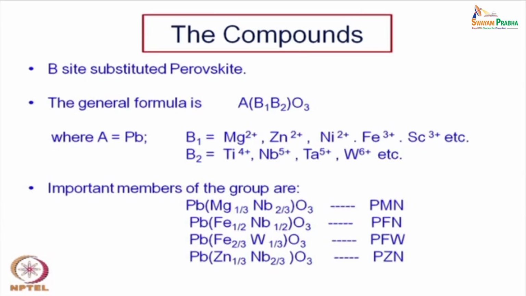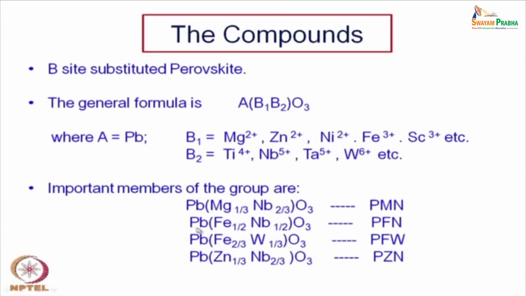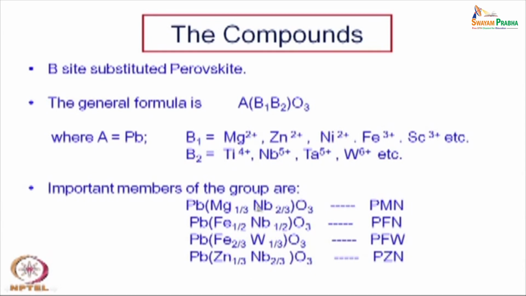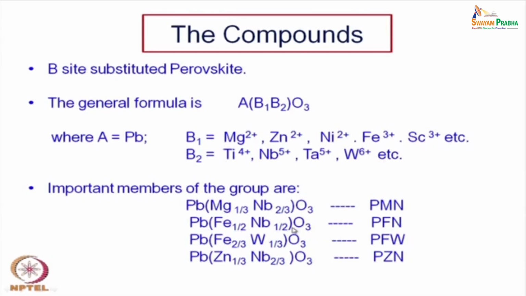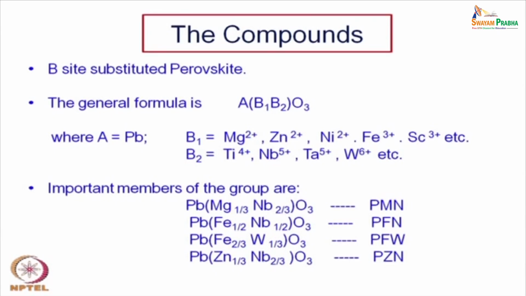Accordingly, you have several compounds which have been listed. We have already discussed PMN, lead magnesium niobate, one of the most important members of this group. Then lead iron niobate is also there, PFN, where magnesium has been replaced by iron.